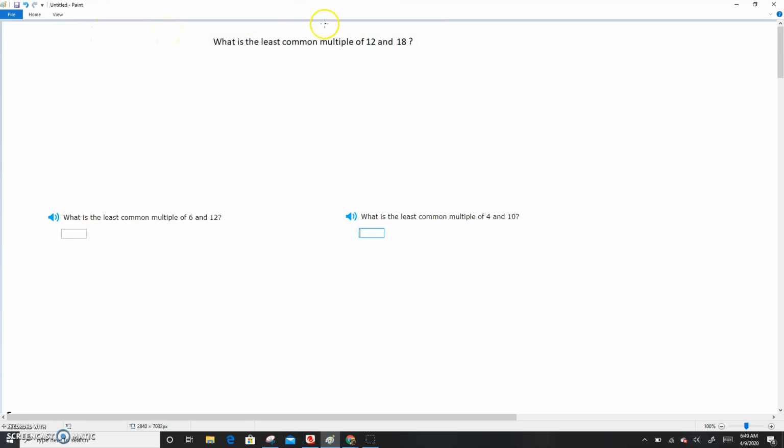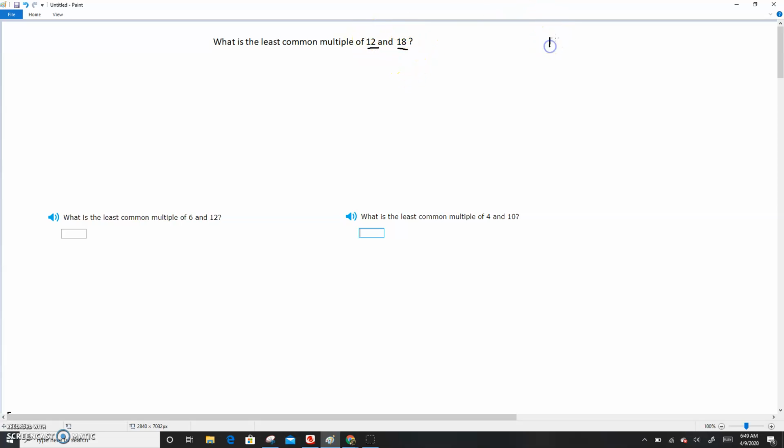The least common multiple is the lowest number that is a multiple of two given numbers. So for this problem, it would be the lowest multiple between 12 and 18. A multiple is just a number that you can get by multiplying, say, 12 by some other number.